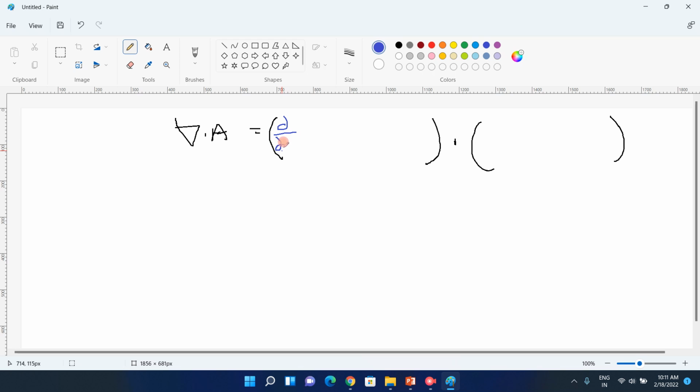Vector number 1 is the del operator, that is del x unit vector x plus del y unit vector y plus del z unit vector z.